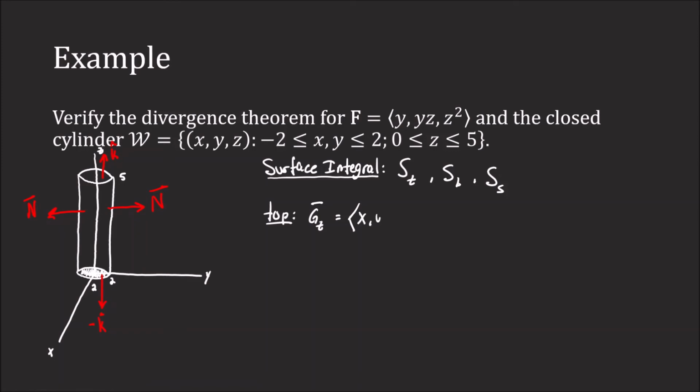So x, y, z is fixed at 5. And the domain is a disk. So let's write it this way. Now, if we look, we need the normal vector.